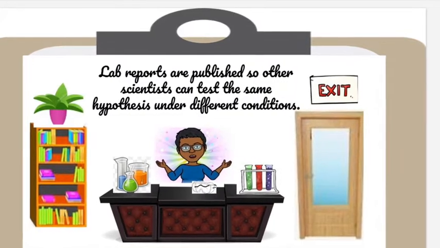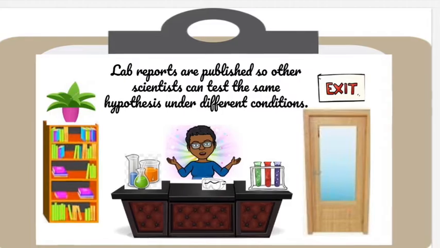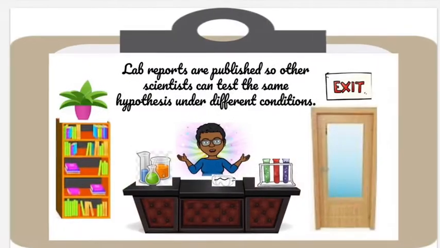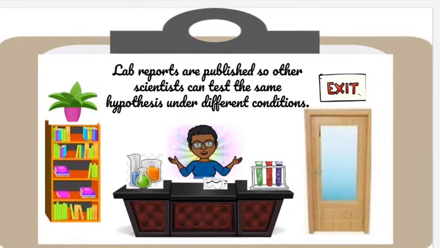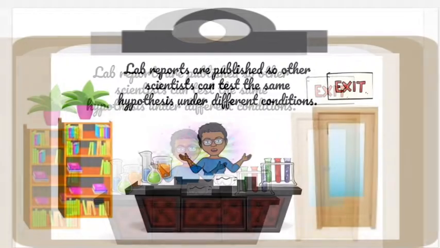Some of those experiments may be under different conditions, but they may be considering some of the same factors that are found in previous lab reports. So lab reports are really important in terms of publication.